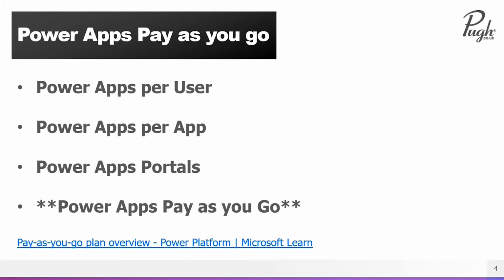Next, we're going to look at Power Apps licensing. Now, Power Apps licensing is included in Office 365, so you're entitled to Power Apps for all your staff and students.